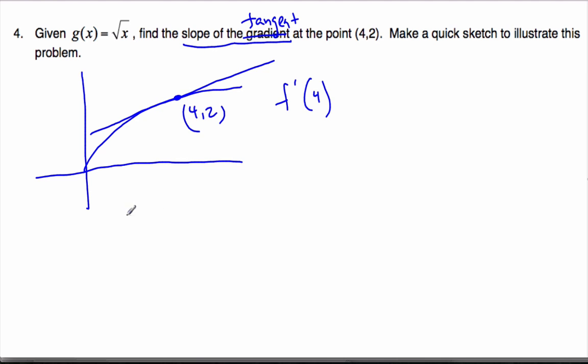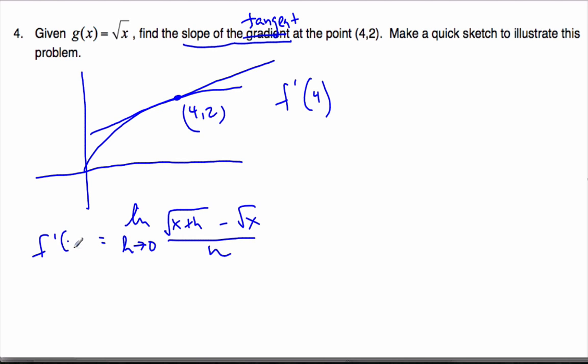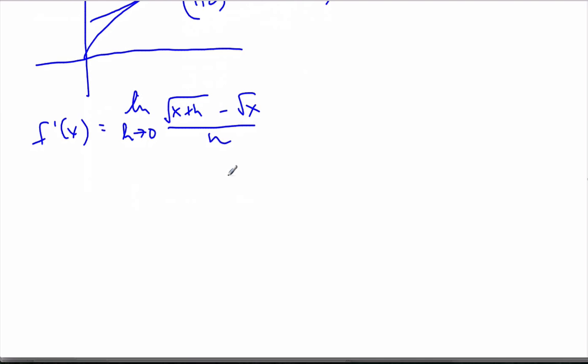So in order to do it, I'm going to use first principles. Limit as h goes to 0 of square root of (x plus h) minus square root of x, all over h. And this is going to be my derivative of x. Once I find the derivative, then I plug in 4.